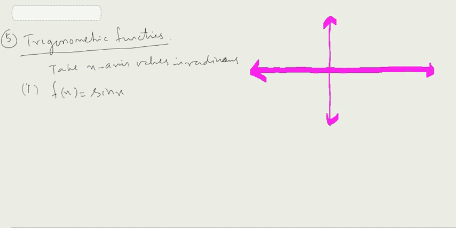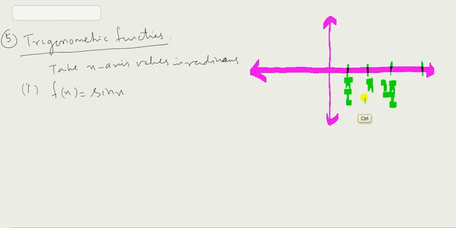Then I will take the values in terms of radians as I have suggested. So you take it in this way, right? If I take in terms of radians, then suppose this point is pi by 2, this point is pi, this point is 3 pi by 2, and at last this point will be 2 pi.